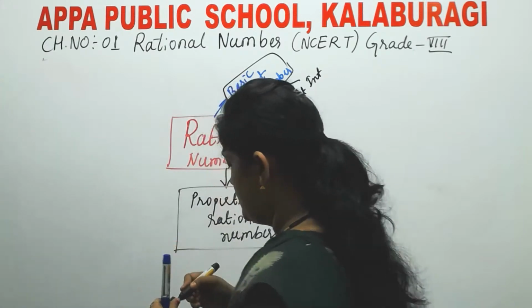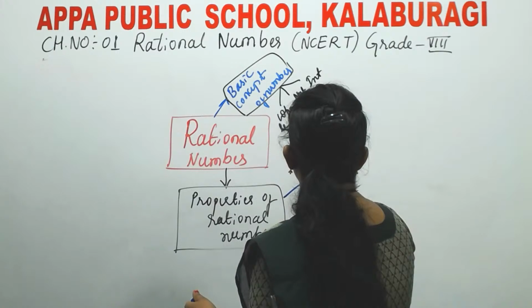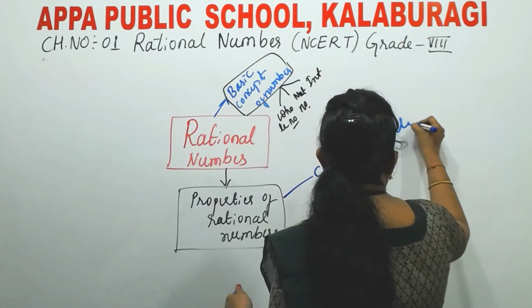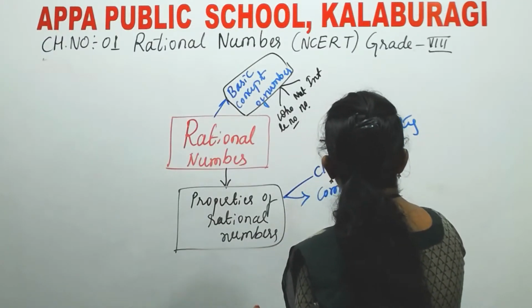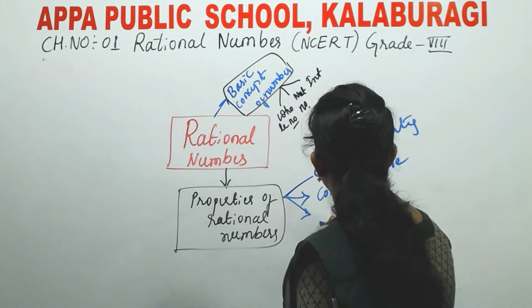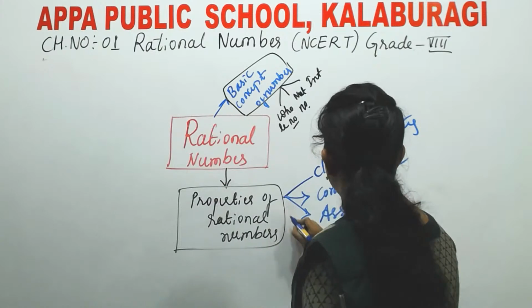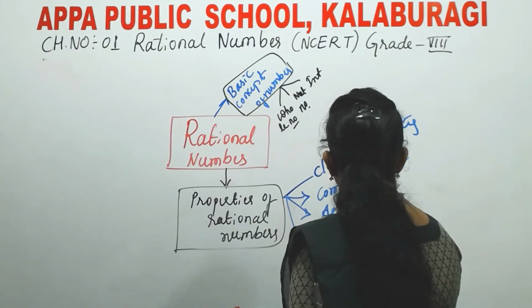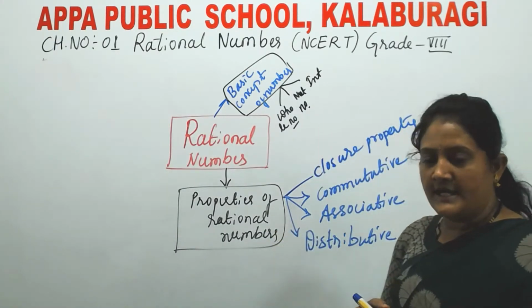In that we have learned closure property, commutative, associative, and distributive, right? We have learned these 4 properties.